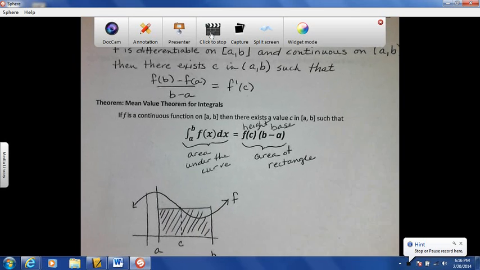Let's try an example. Find the values of c guaranteed by the mean value theorem for the function f of x equals cosine of x on the closed interval from negative pi over 3 to positive pi over 3.